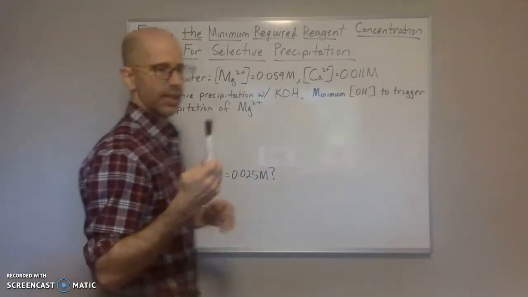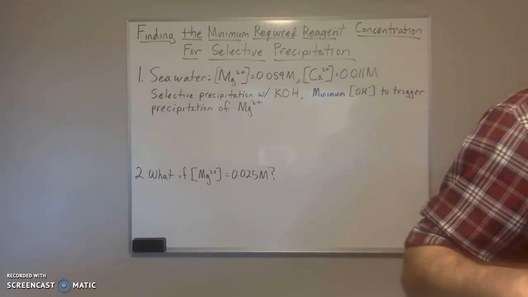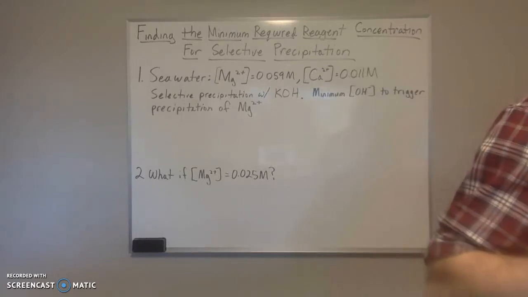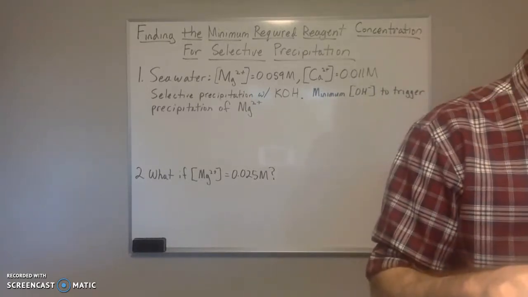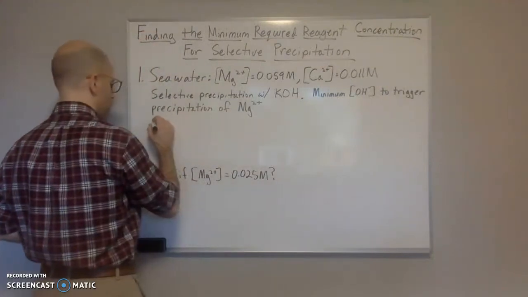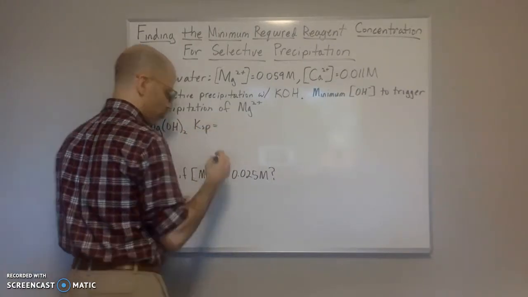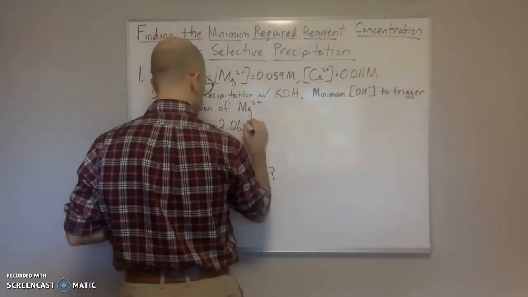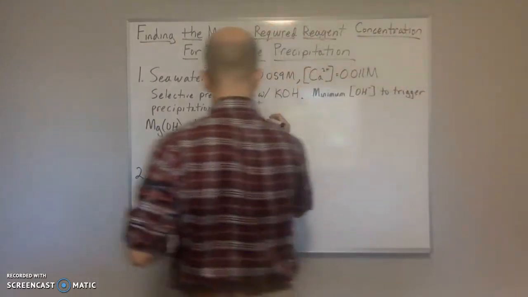So for magnesium hydroxide, which is what we would be forming, the KSP is equal to 2.06 times 10 to the negative 13.